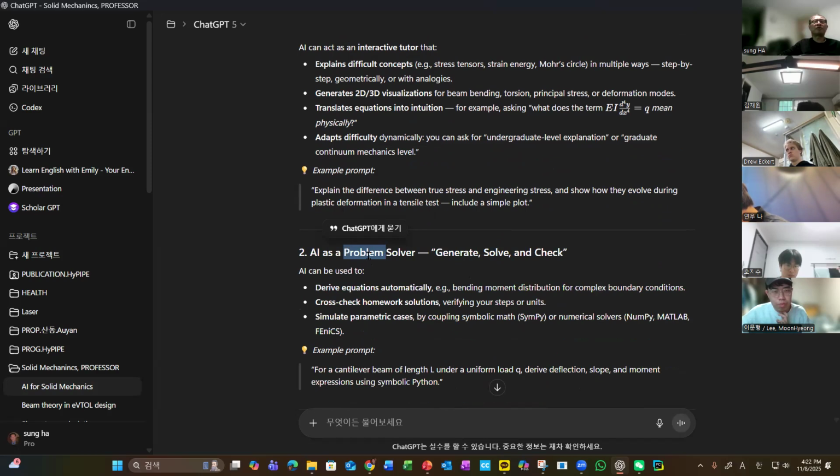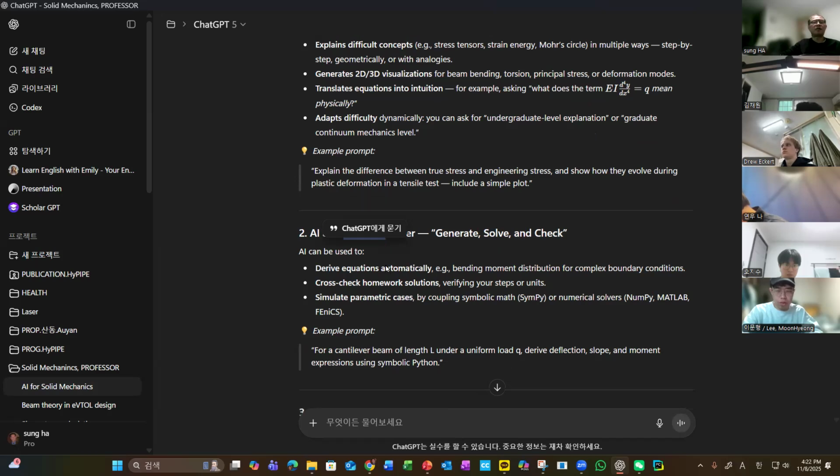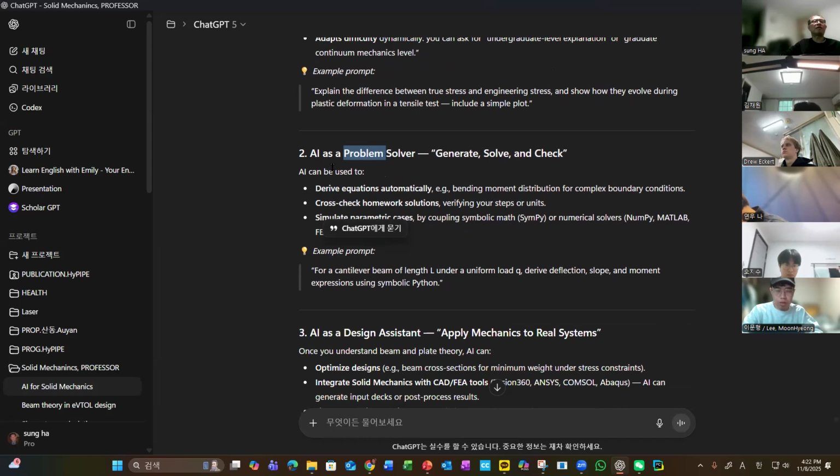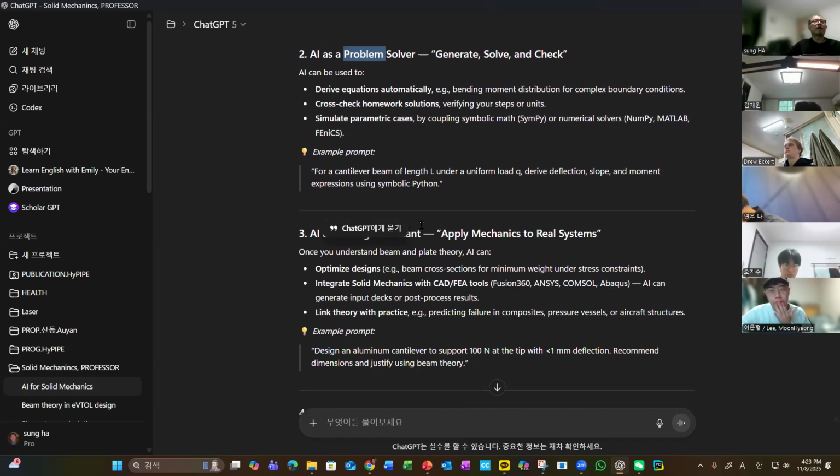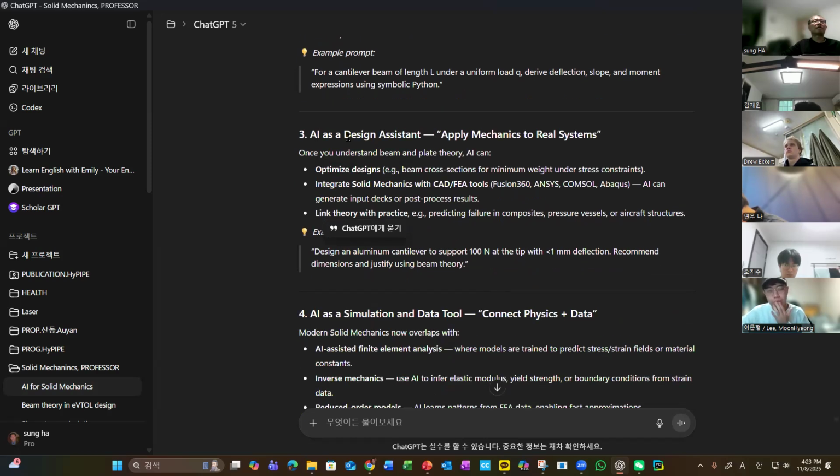But to solve problems using ChatGPT or any AI, you need to know the theory and the subject. If you don't know about beams and stresses, you cannot communicate with the AI. So you should know that, and then AI can be a great problem solver, and also a design assistant.